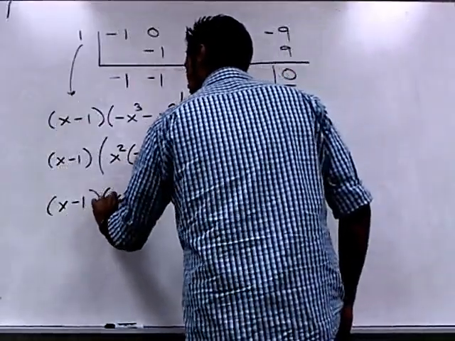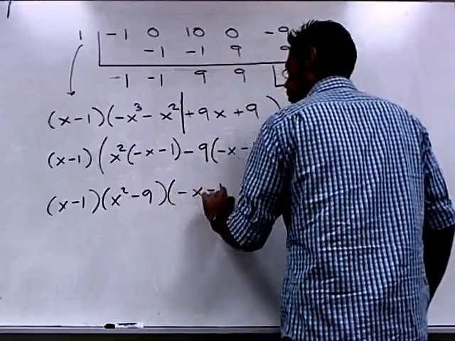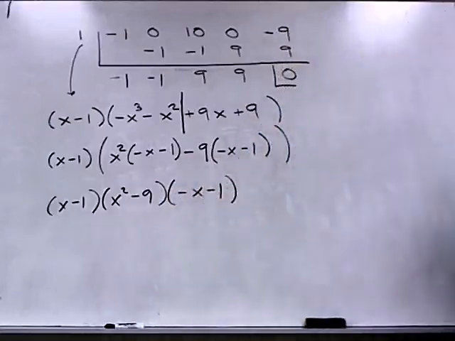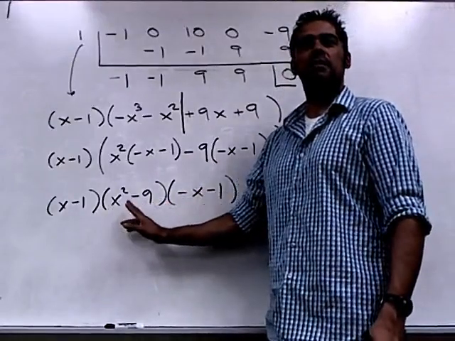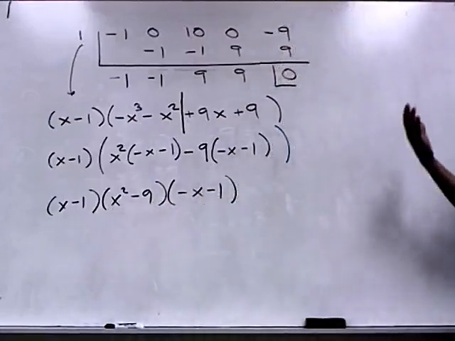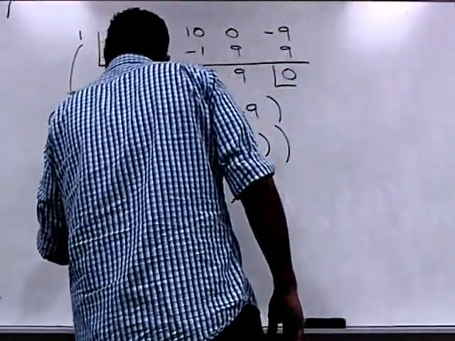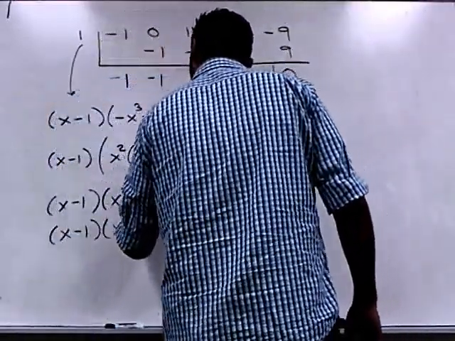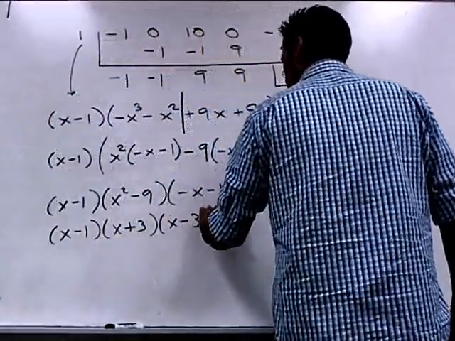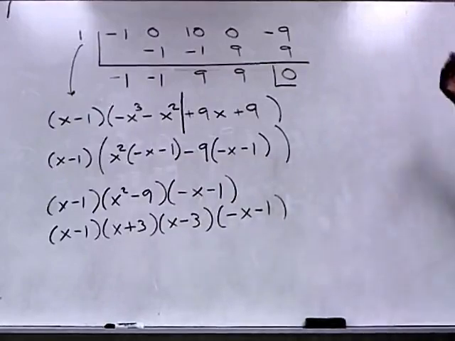X squared minus 9, and then negative x minus 1, right? See anything? Difference of squares, right? See this x squared minus 9? It's a difference of squares. So that can go down to become an x plus 3, x minus 3. So we have x minus 1, x plus 3, x minus 3, and then our last one is negative x minus 1.